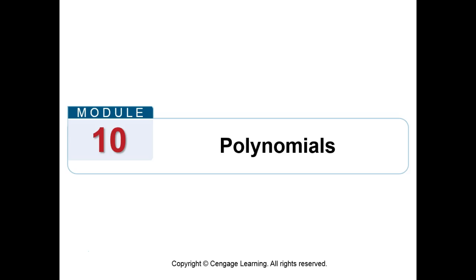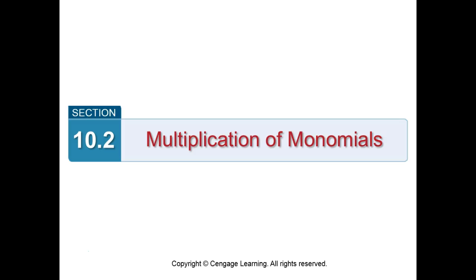All right, we're still in Module 10, polynomials. Section 10.2, multiplication of monomials. They're called Objective 10.1a practice problems, and they were on Module 10, page 3, and Objective 10.1b practice problems on Module 10, page 4.